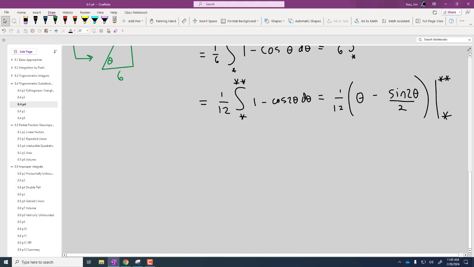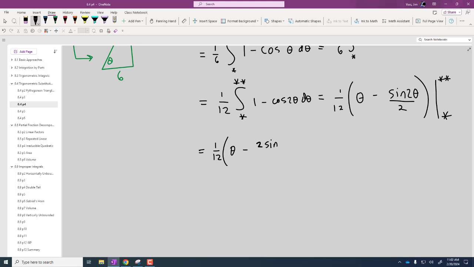Sine of 2 theta, again, very important double angle identity. It's been in every single problem we've done so far. So 1/12 theta minus sine of 2 theta, which is 2 sine theta cosine theta, over 2, so the 2's cancel.